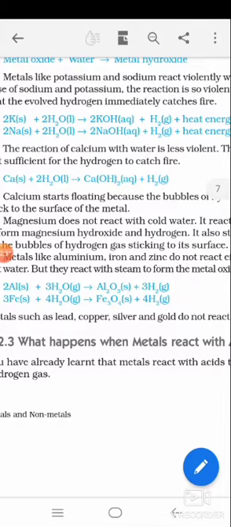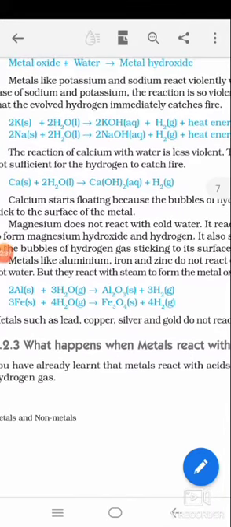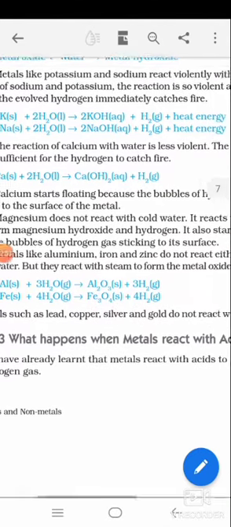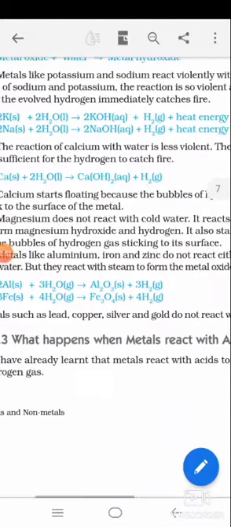But for some metals there is a variation in the reactivity with water. Variation means change in reactivity. Sodium and potassium react vigorously, but calcium with water is less violent.